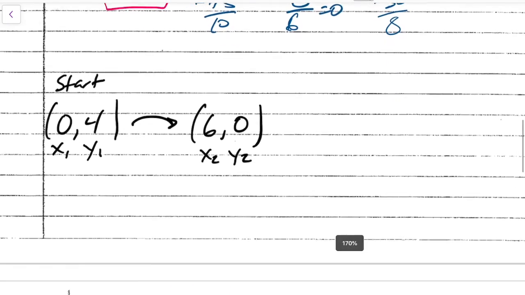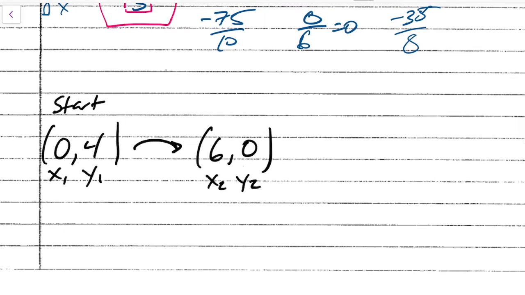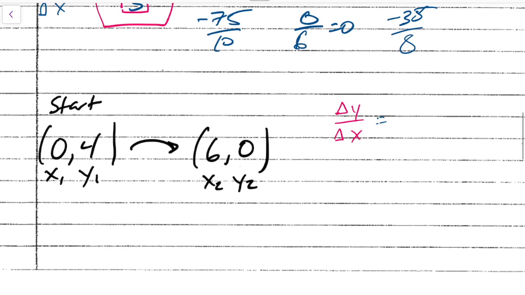Speaking of rate of change, and speaking of the idea of change in Y over change in X, let's think about this for a second. I have to do the Y first here. So it was 4, and now it's 0.